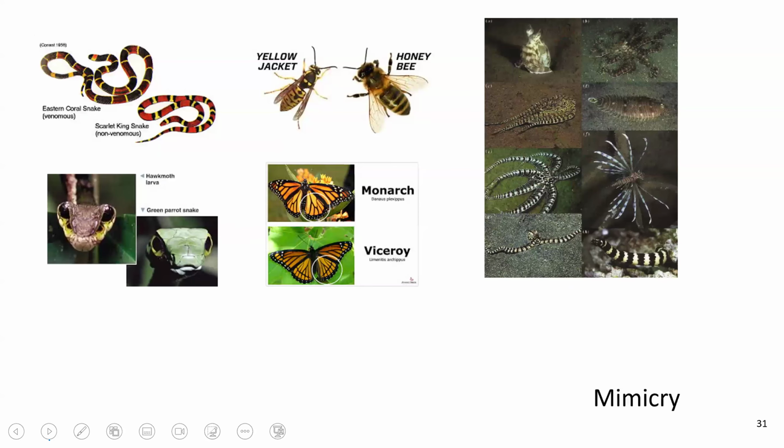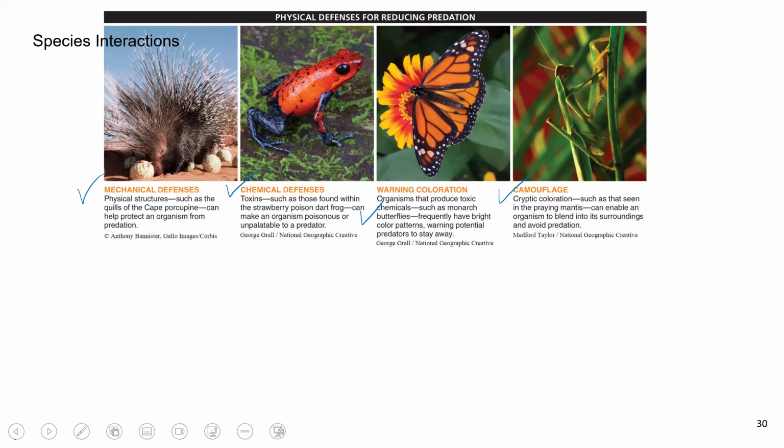When we talk about coloration, we have mimicry. Oops, you know what? The other thing we talked about was exploitation, or defense from exploitation. We call exploitation a positive negative, where it's positive for one organism and negative for the other.